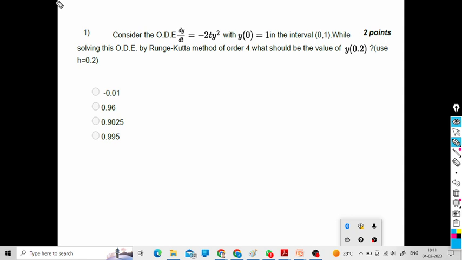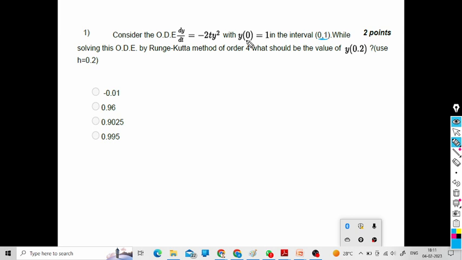Here, as we are starting from 0 to 1, our range is from 0 to 1, so our initial value will be 0. So here x naught is 0 and y naught is equal to 1.